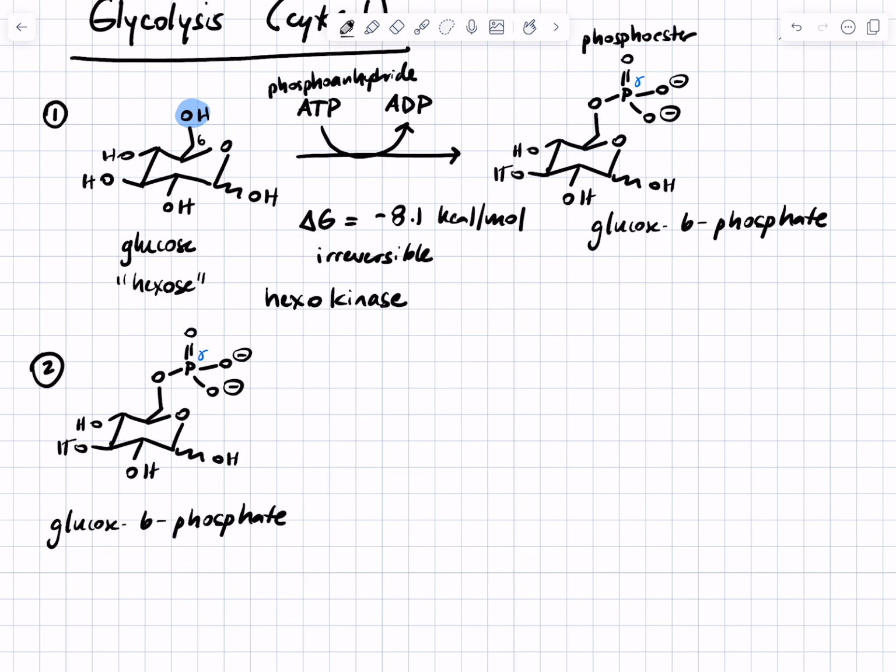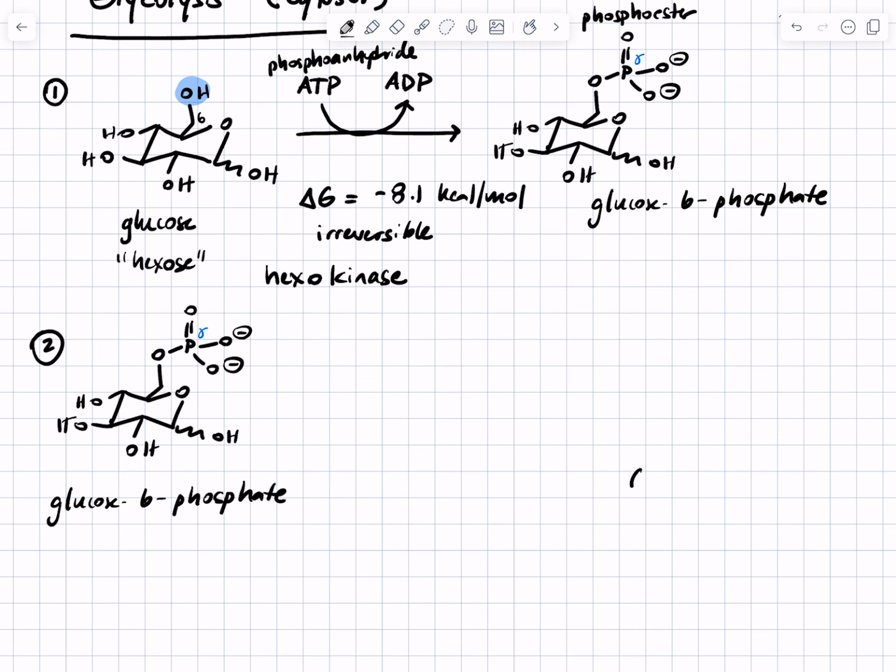We're going to isomerize glucose to fructose 6-phosphate, and you'll see that fructose differs from glucose in that fructose is a ketose. We're going to draw it in its cyclic hemiacetal form.